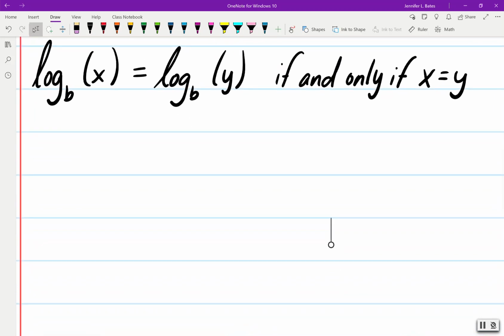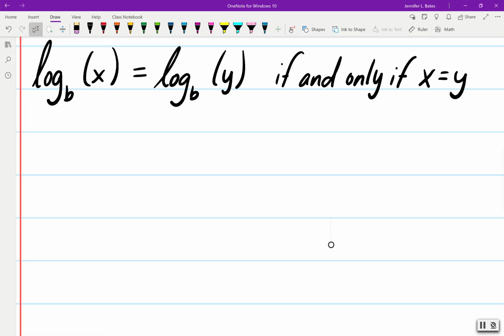So two logs with the same base are equal if and only if the arguments are equal. The argument of a log is the x and the y, so it's the stuff that's in parentheses. So let's go ahead, we'll take a look at an example about how this works.